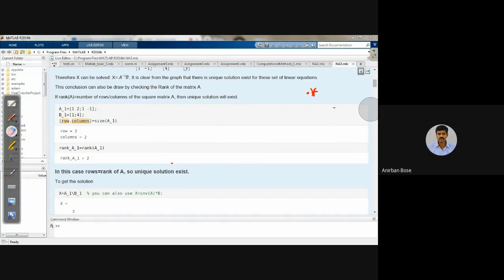So the X you can easily find out using that operation, or commonly, instead of the inverse function, you can use the backslash operator, because backslash is almost doing a similar thing, but the algorithm behind the inverse calculation and the backslash calculation is somewhat different. The difference will only be in terms of the execution time.